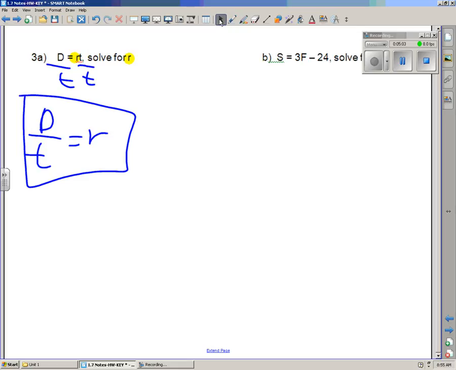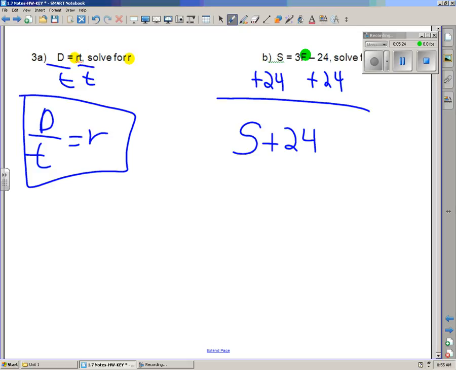On the next one, you're looking to solve for the letter f. We want f to be alone. So what happens here is f is being multiplied by 3, and then it's being subtracted by 24. Well, in a normal equation, you would have to add 24 to both sides. You really can't do s plus 24 as a single number, so you leave it as s plus 24, and that's equal to 3f.